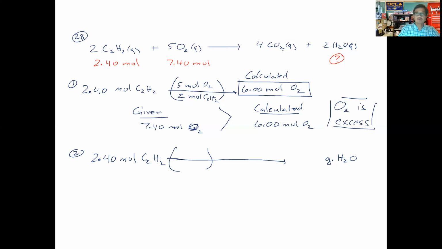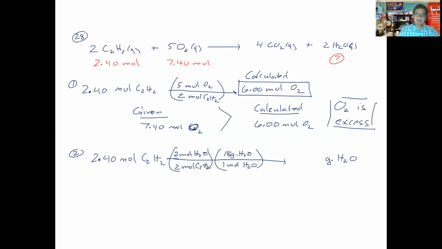This time it's a 2 to 2 mole ratio: 2 moles of water for every 2 moles of C2H2. And then we need the molar mass of water to calculate the mass of water, and that's 18 grams of H2O for every 1 mole of H2O.